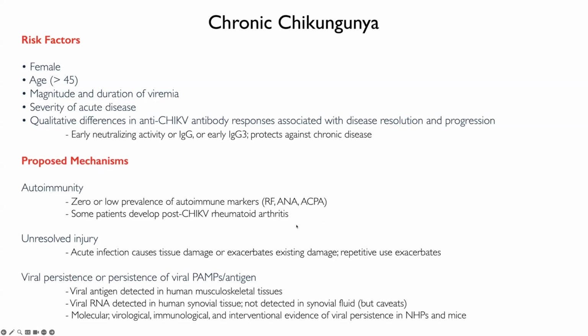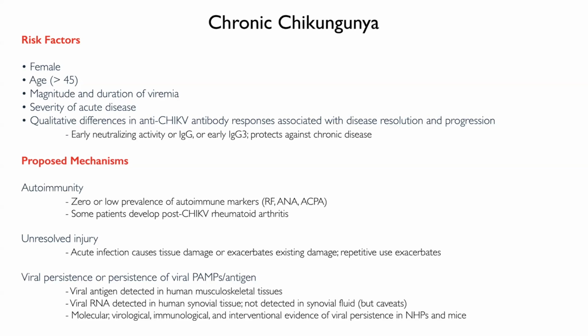There's a number of different hypotheses. One includes the induction of an autoimmune response. However, many patients with chronic chikungunya disease do not show any signs of an ongoing autoimmune reaction. Another idea is that there's kind of unresolved injury in the joint tissue. So tissue damage during the acute phase or exacerbation of underlying damage during the acute phase may lead to these chronic symptoms. There's some evidence for that because underlying joint injury actually also is another risk factor for chronic chikungunya disease.